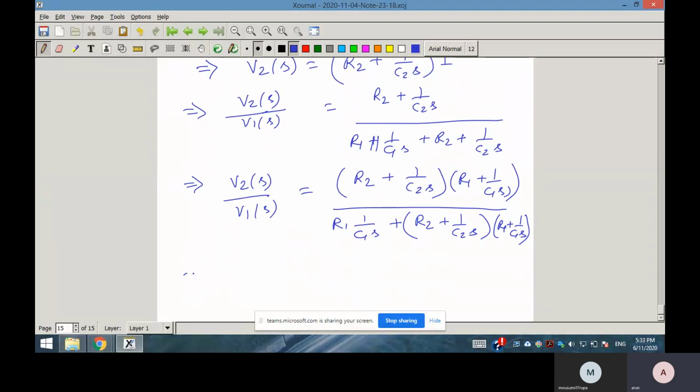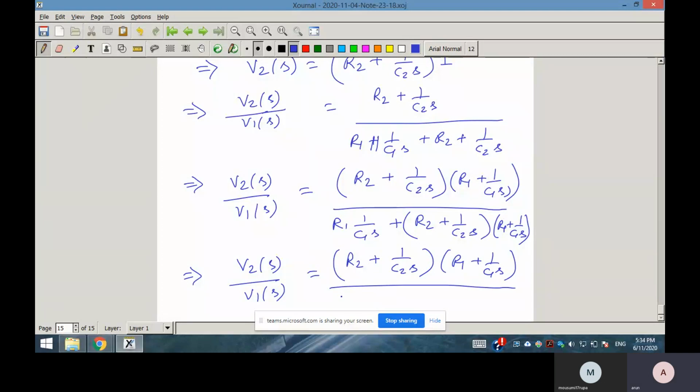So if you go ahead, it will be R2 plus 1 by C2s into R1 plus 1 by C1s divided by R1 R2 plus R1 by C1s plus R2 by C1s plus R1 by C2s plus 1 by C1 C2 s square.